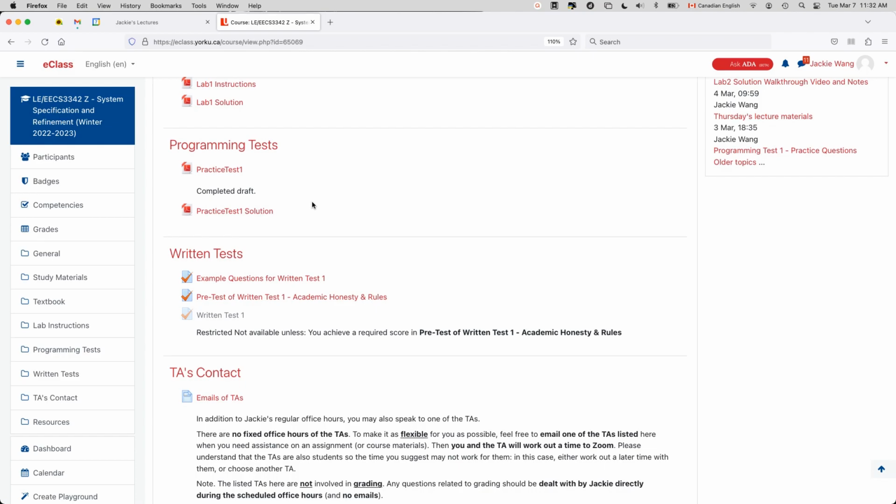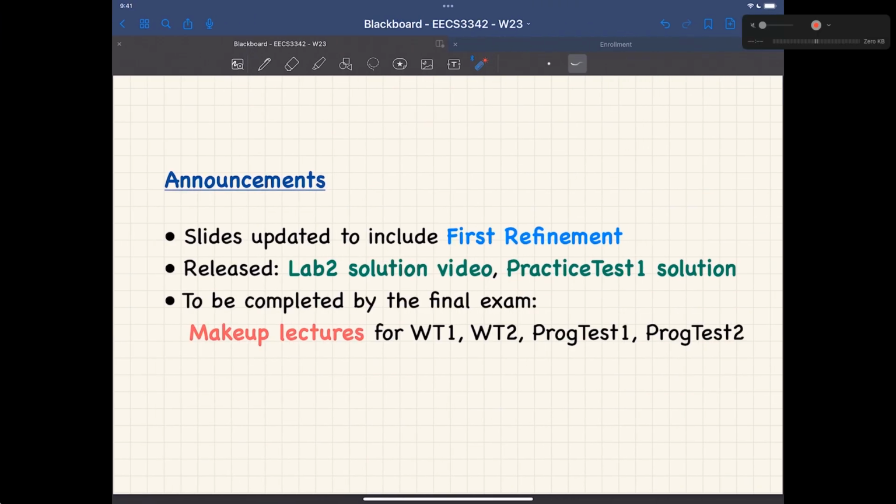And the last item, which is also very important, is not so urgent for your upcoming written test or programming test. However, it will be important for your final exam. I already explained the math in the announcement I made earlier today.